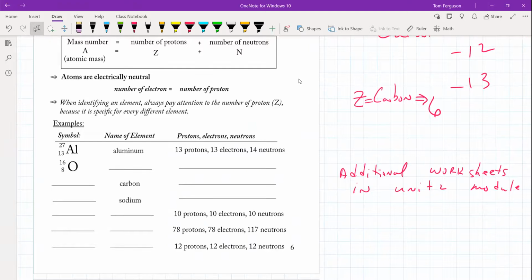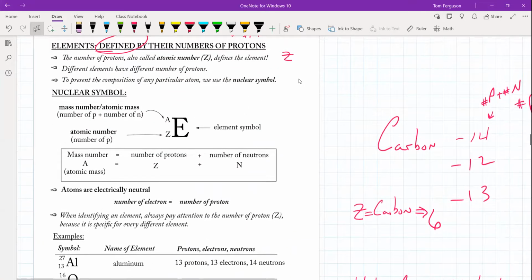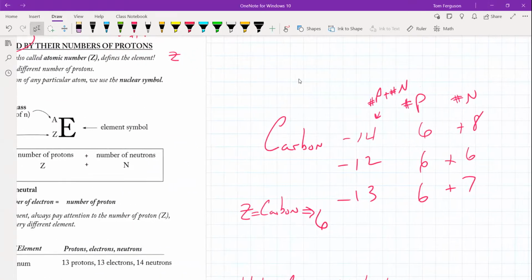What determines the 6 versus the 8? The difference between the 6 and the 8? Okay, starting from the beginning, for it to be carbon, you have to have 6 protons, period, no exceptions. If it's 7 protons, it's nitrogen, not carbon. So that's the standard. And if it's carbon-14, well then, what else is left over to make it 14?